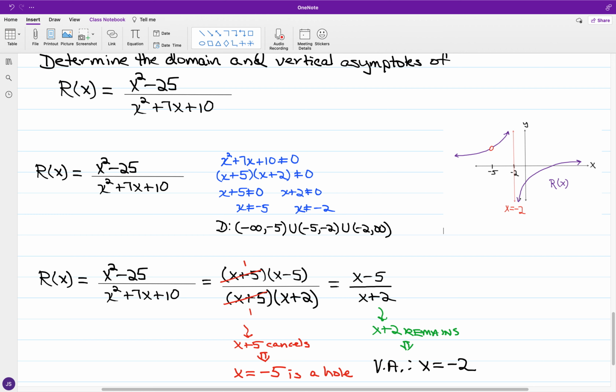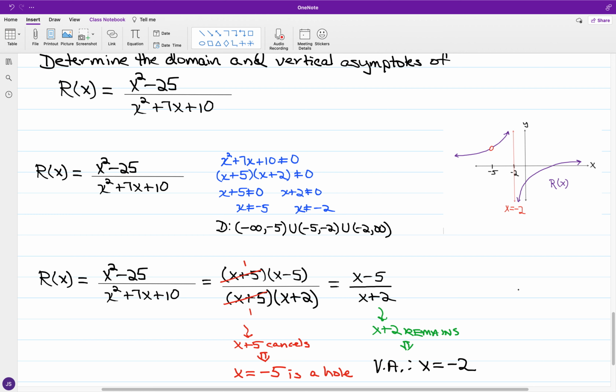Had it not been for the hole, we'd have r of x split up into 2 sections, but with the hole, you kind of have one continuous section here, and then you have 2 sections in addition, those values x less than negative 5 and those values x greater than negative 5 and less than negative 2. So you got like 3 portions to what we have with r of x.